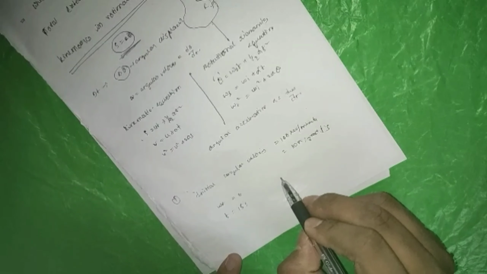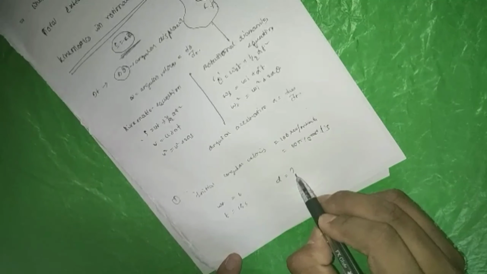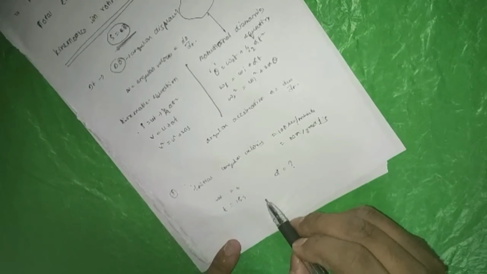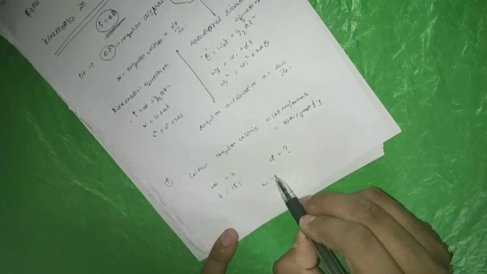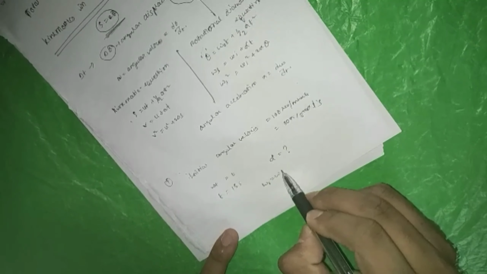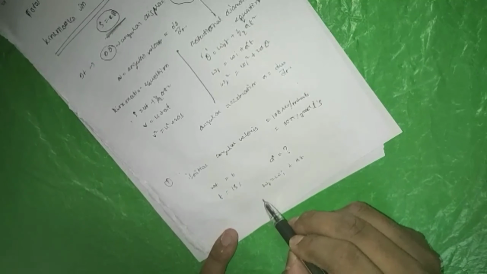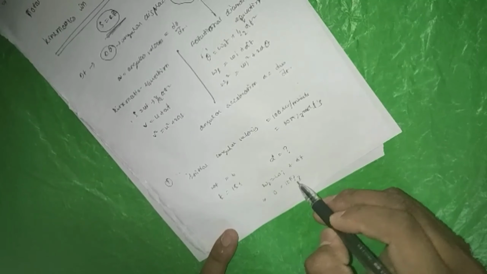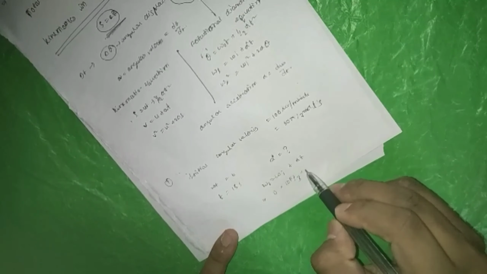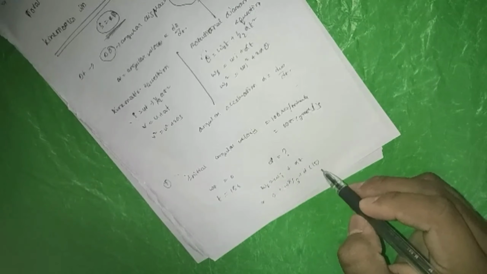Now we want alpha. We have an equation for this. Omega final is equal to omega initial plus alpha t. Omega final is 0, omega initial is 10 pi by 3, alpha we don't know, and the time we know.